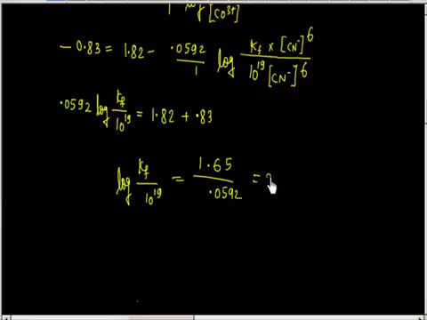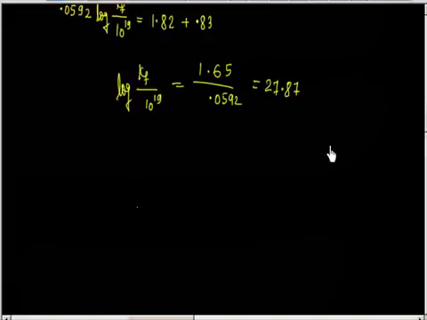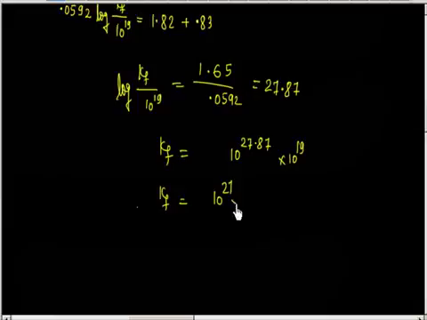So this means Kf is around 10 to the power 27.87 multiplied by 10 to the power 19. So Kf is 10 to the power 27 into 10 to the power 19 into 10 to the power 0.87.